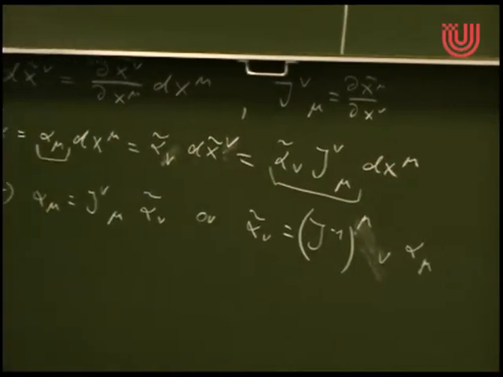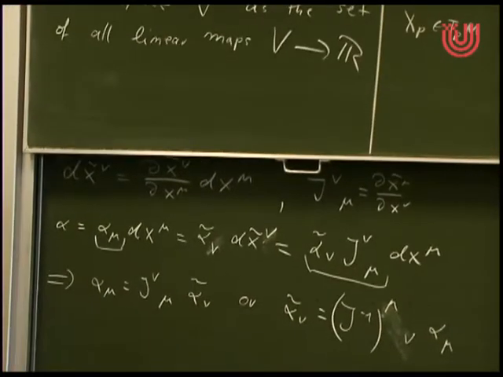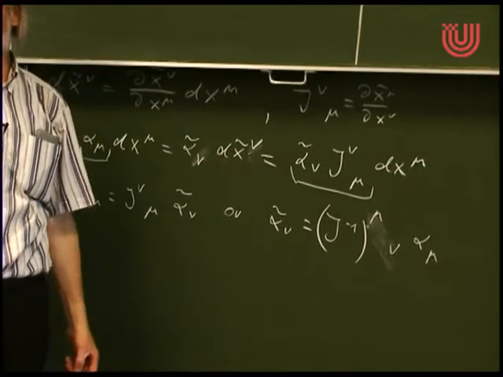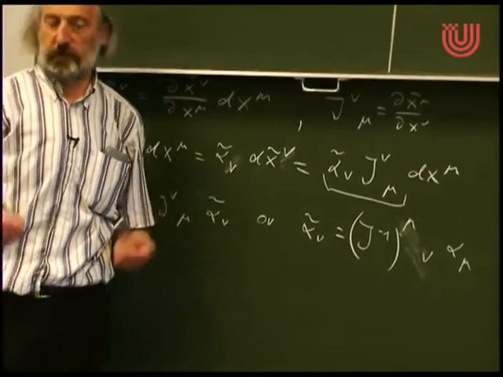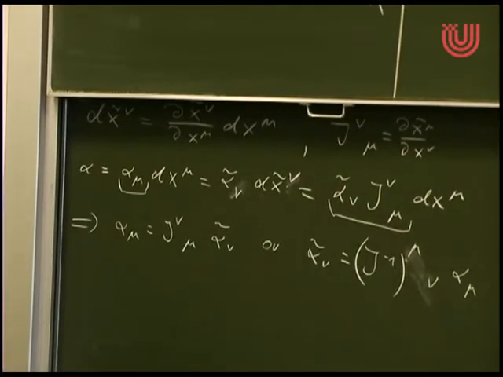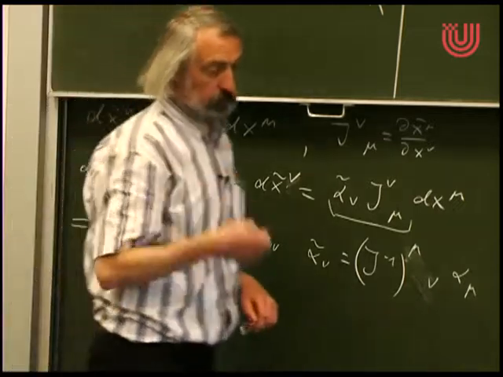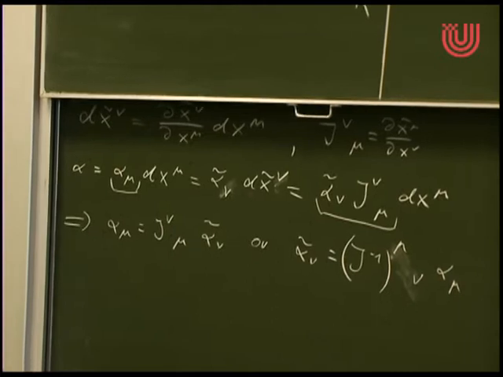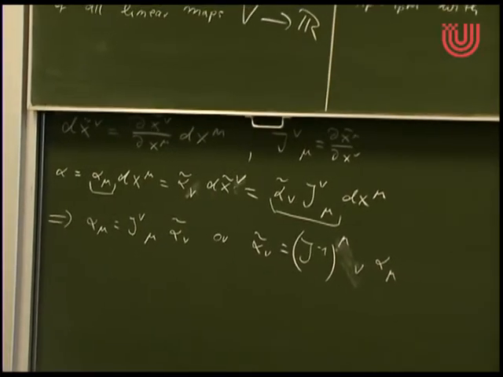That's a general rule: every upper index transforms with the Jacobi matrix, and every lower index transforms with the inverse Jacobi matrix. That's the way in which the formalism is done, otherwise the things would not fit nicely together. So that's the transformation behavior of covector fields, which we derived just from the product rule and the chain rule.